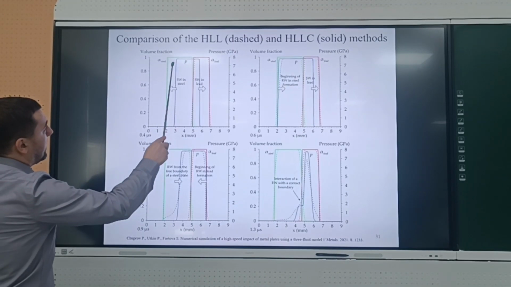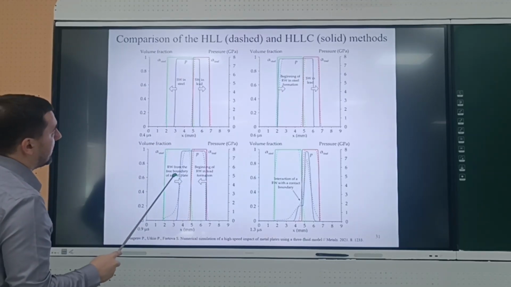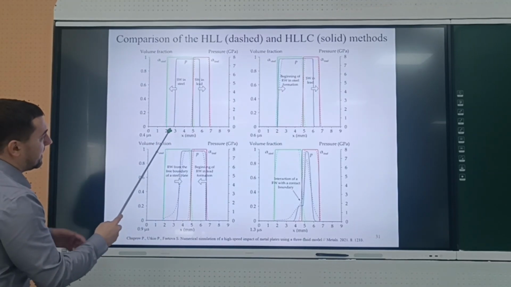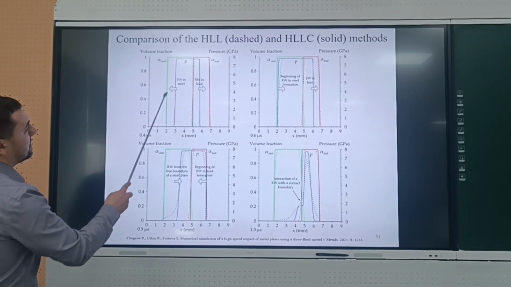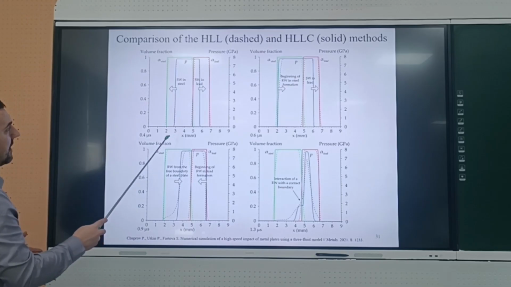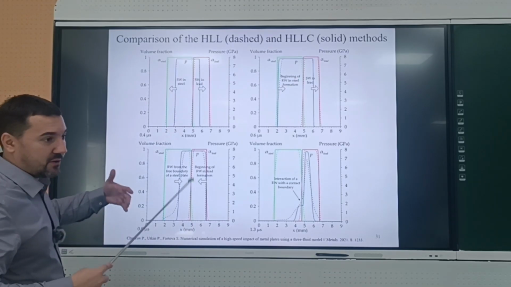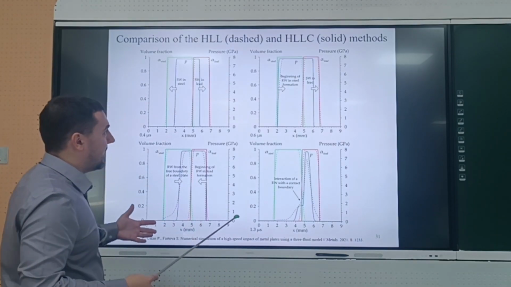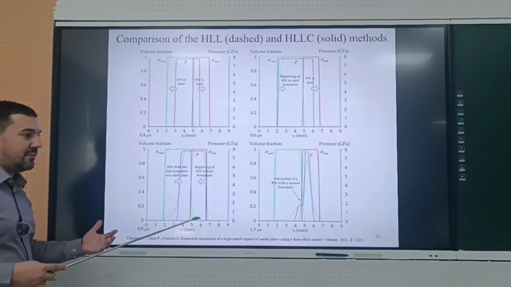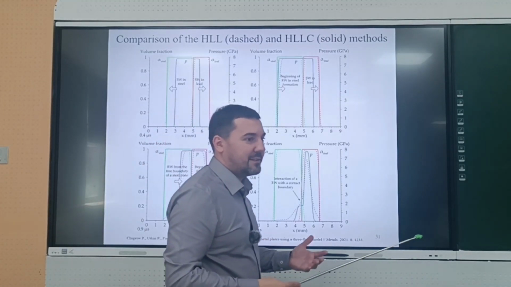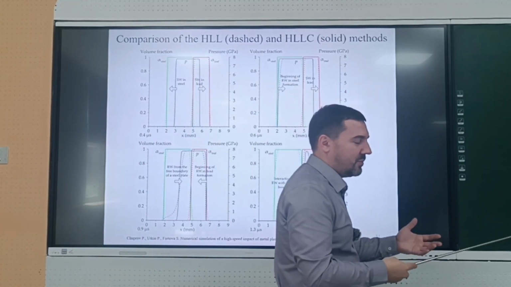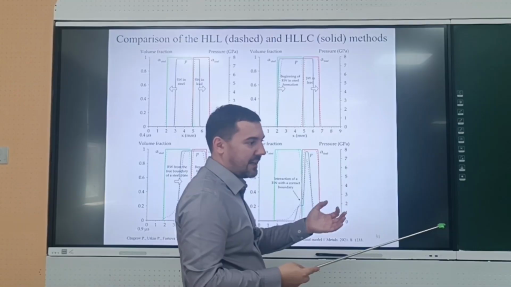At the same time, if you compare profiles of shock waves, you can see that they are almost identical in simulations using the HLL and HLLC approaches. That's because both are based on Rankine-Hugoniot jump conditions. And why do we need to attend such classes and listen to such courses and do simulations of very simple test cases?